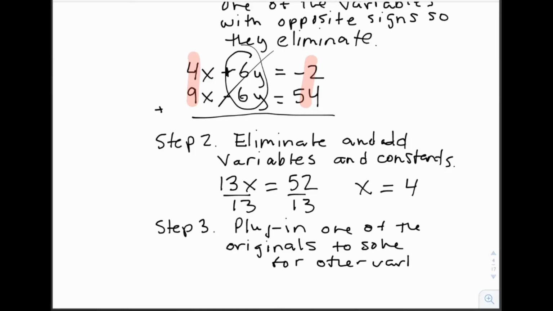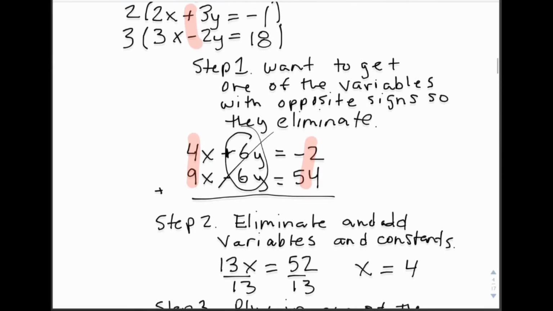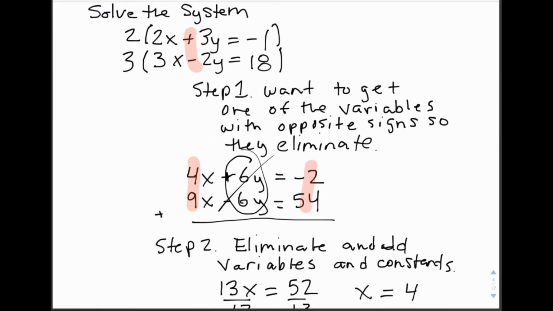Okay, so in this case, we can plug it into either one of the original equations, but for this example, let's plug it into our original equation, the 2x plus the 3y equal to a -1, and try to figure out what our y value is going to be.